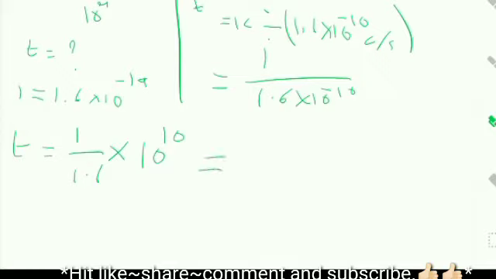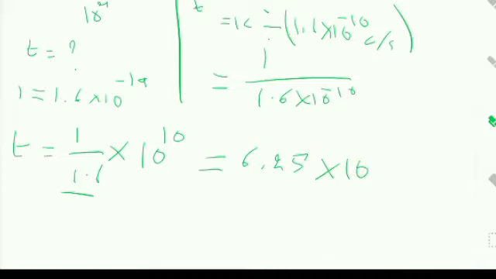So 1 by 1.6 value is 6.25 into 10 to the power of 9 seconds.